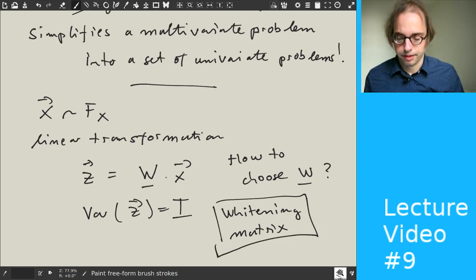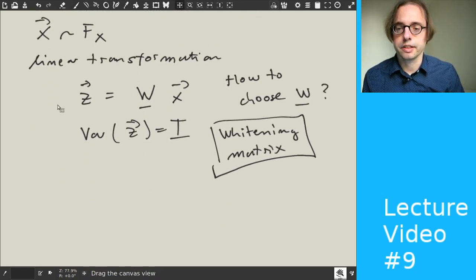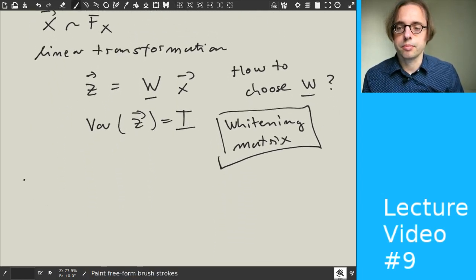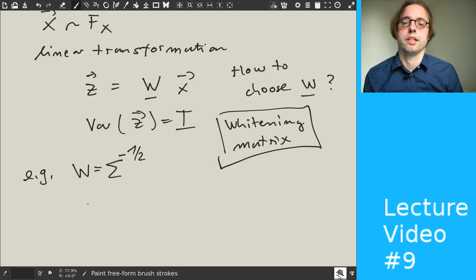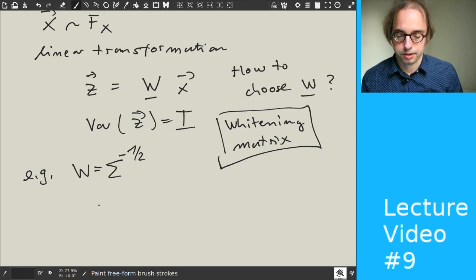And one solution we know already. For example, we could choose W equal to sigma to the power of -1/2. So that is one solution. But it turns out there are plenty of other solutions, and in fact there are many solutions.